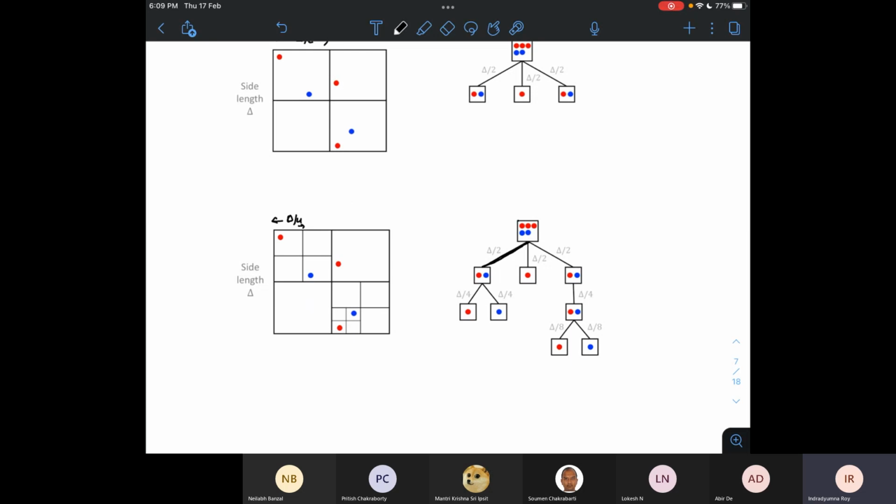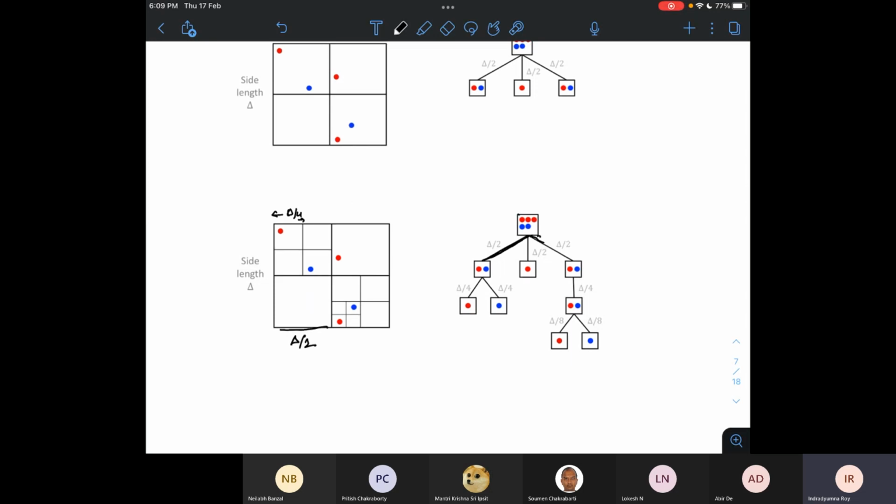Initially you had this entire space containing all 5 points, and then you imposed a grid of side length delta by 2, which created this level, and hence the edge weights are delta by 2 here. As we discussed earlier, in the tree metric the tree edges have some weights, and this is how the weights are being assigned in this construction. In this case, since this side length was delta by 4, these edges have delta by 4 weight.